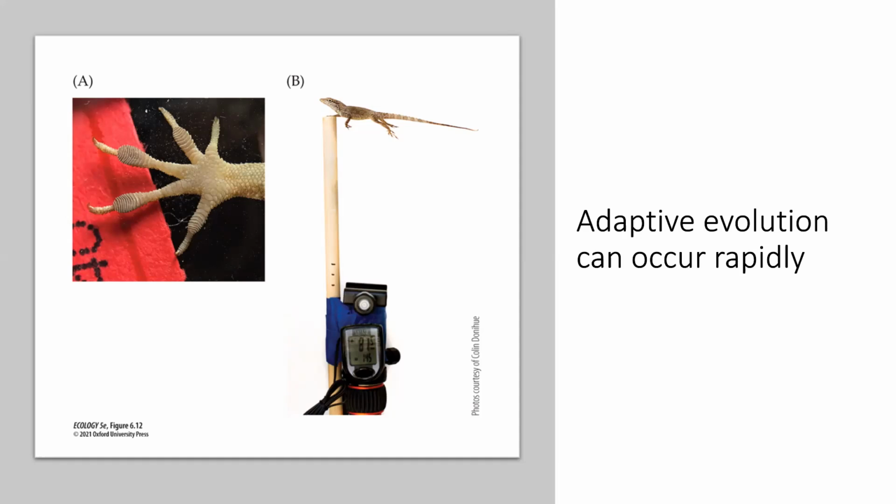Examples include the evolution of antibiotic resistance in bacteria, which happens in days to months, the evolution of resistance to insecticides by insects, and the evolution of decreasing body size and horn size in the bighorn sheep over several decades, as we discussed in the previous video.